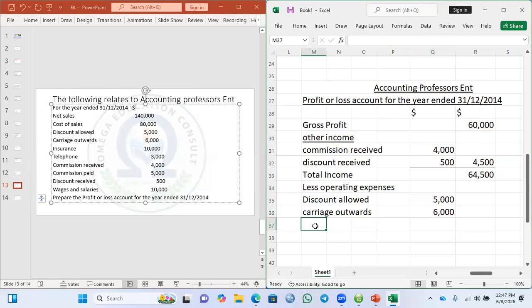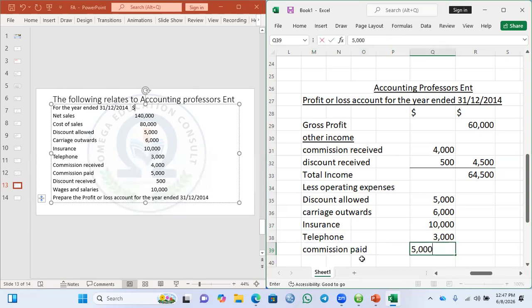Then after carriage outwards, we have the insurance. So the insurance is 10,000. And then you have telephone. When you see telephone in accounting, you are referring to the bills related to telephone, right? Then you have the commission paid. They paid a commission of 5,000 as well.